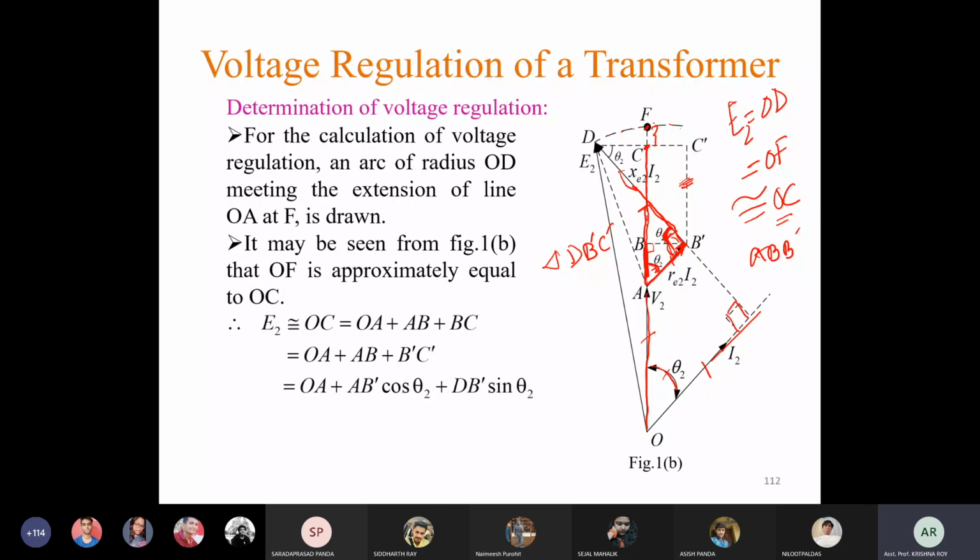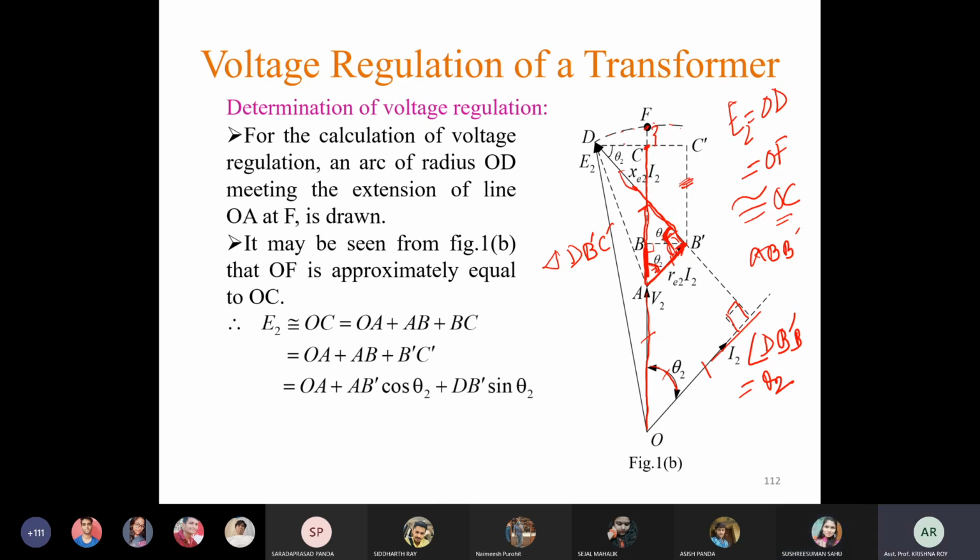Is it clear? Yes, sir. Angle DB dashed B, this angle, is equal to theta 2. Is it clear with everyone? Any doubt? No, sir.